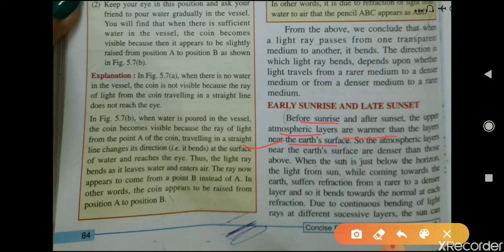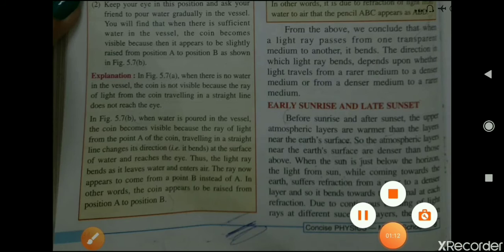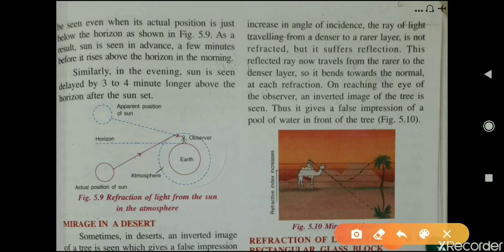When the sun is just below the horizon, the light from the sun while coming towards the earth suffers refraction from a rarer to a denser layer, and so it bends towards the normal. As you know, when light travels from a rarer to a denser medium, it bends towards the normal at each refraction. Due to continuous bending of light rays at successive layers, the sun can be seen even when its actual position is just below the horizon.